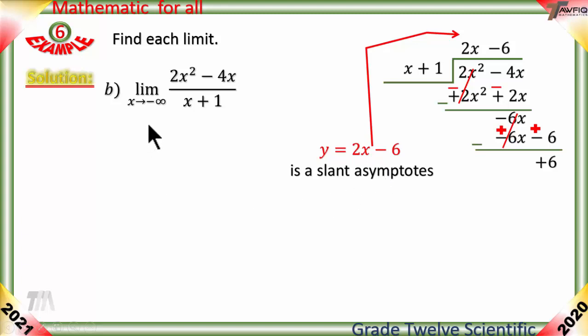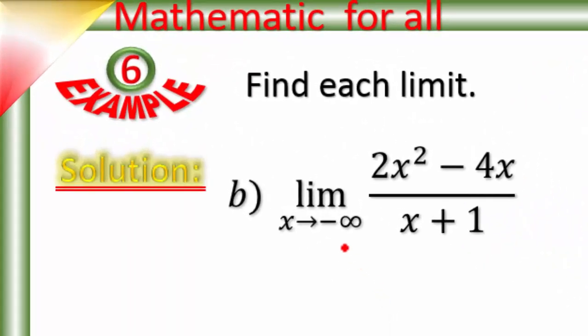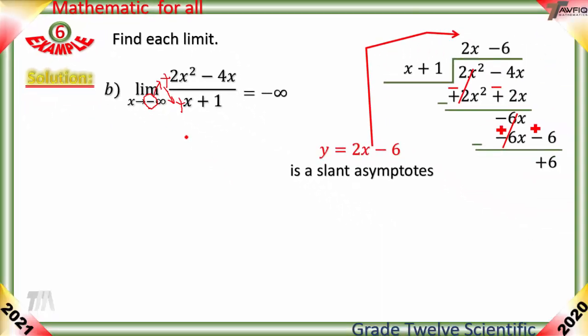And now to find the result of this limit, only multiply this negative, and here you have positive, and here you have positive. So negative times positive is equal to negative. That means it is equal to negative infinity.